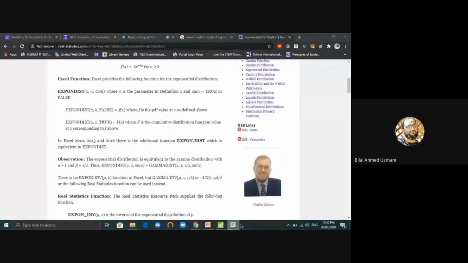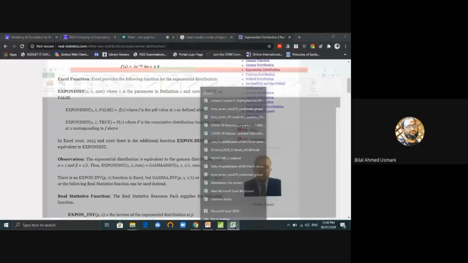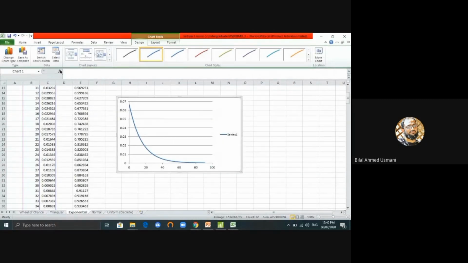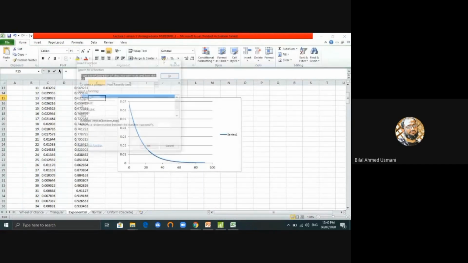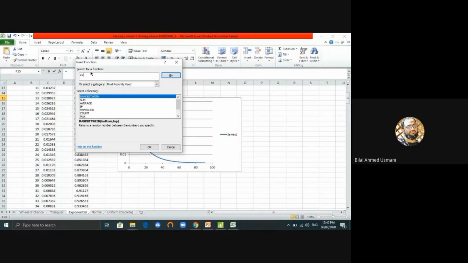Okay, let's search for the functions. If I try searching for any function, the exponential distribution function is over here: X, lambda, cumulative. So you can try it by yourselves rather than writing the formula manually.